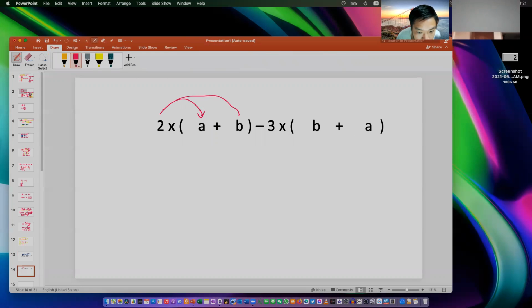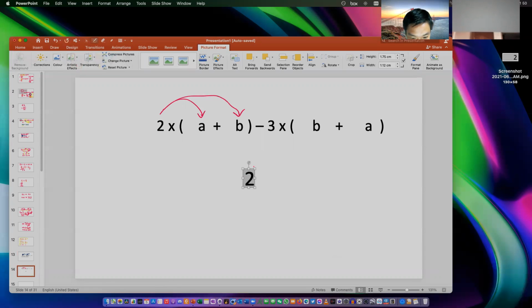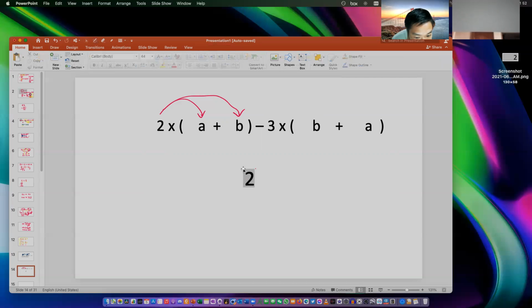In your first arrow, you are putting the 2 inside, next to the A. And for the second arrow, you are putting the 2 inside next to the B.